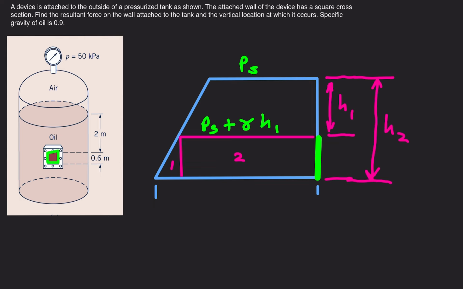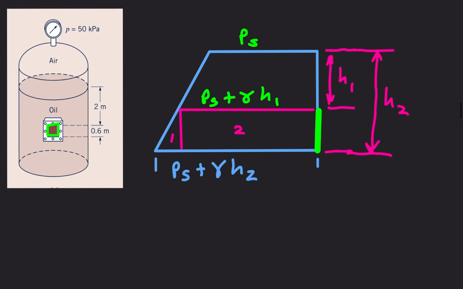So this length at the bottom of our pressure prism is simply the surface pressure plus gamma times H2. Now, we can determine this width in order to calculate the volume of section 1.